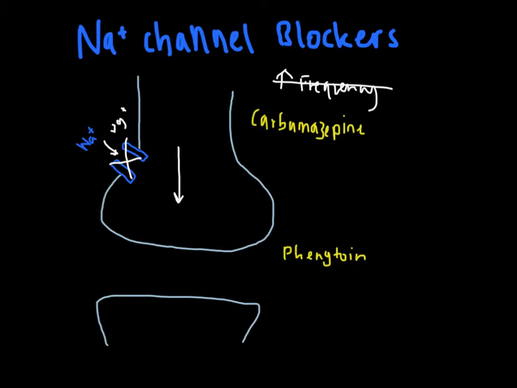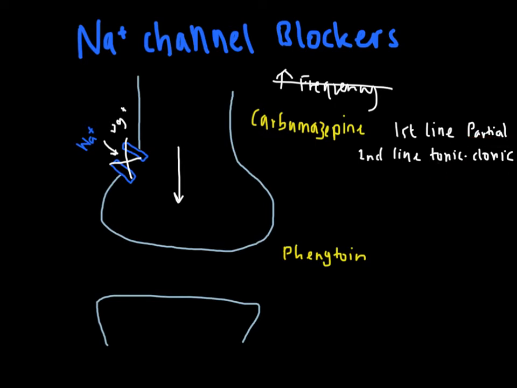The two drugs that we're concerned about are carbamazepine and phenytoin. And so carbamazepine is a first-line drug for partial seizures and a second-line drug for tonic-clonic. We'll preferentially use carbamazepine over phenytoin, but they're both used for partial and tonic-clonic seizures.